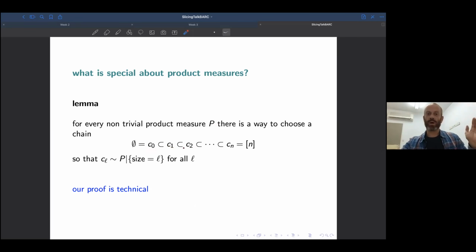Now, what happens if we just look at the third set in this chain, and we look at the marginal distribution of this object, just the second one? It is distributed like a set chosen from the product measure, conditioned on having size 2.